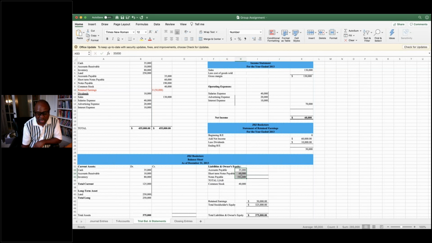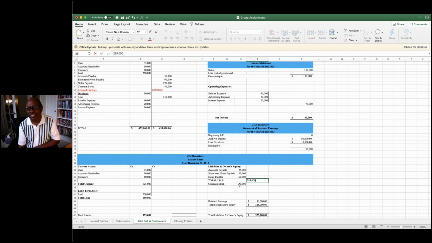How much would we get for total liabilities? It would be 285. Did I add it right? Yeah, you added it right. I think it's 290. Oh, it probably is 285. Never mind, 285. Okay.